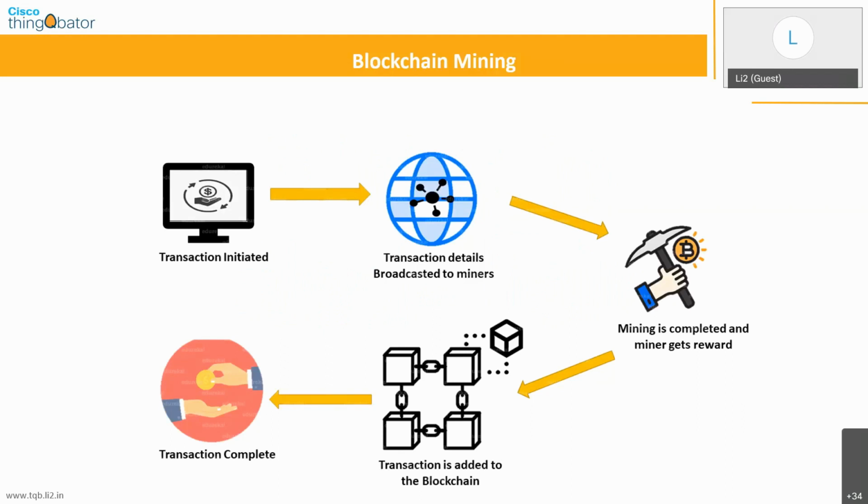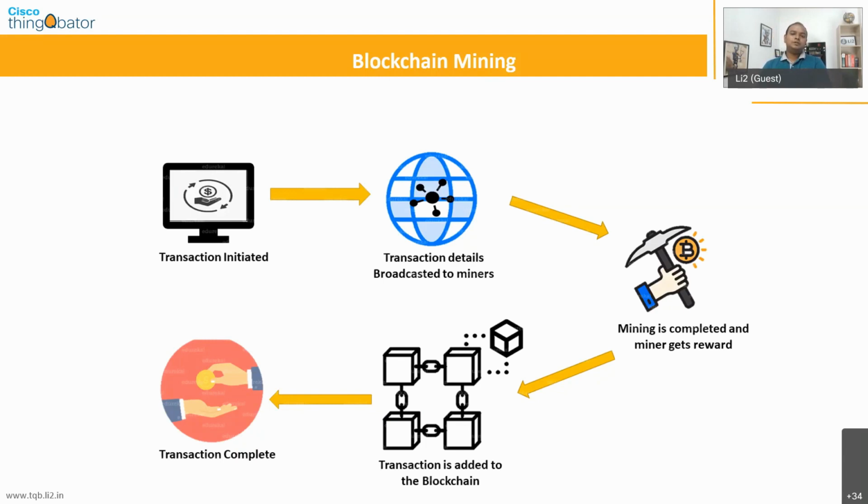This is an ideal scenario where a transaction is initiated by an individual and sends a request to the blockchain network, and the network propagates that request to the nearest mining nodes and eventually to all the other mining nodes.